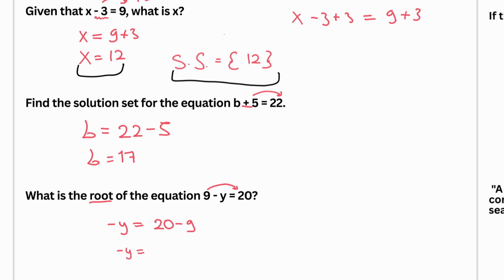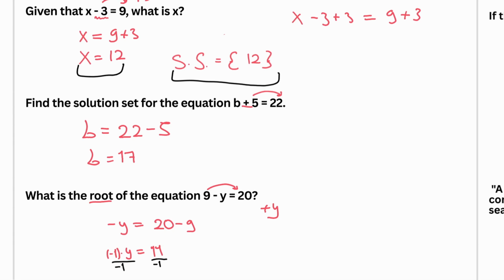-y equals 11. But we don't want negative y. We want positive y, right? So we have to somehow turn it into a positive y. But remember that this negative is a -1, right? It's a multiplication. So there's an invisible 1 there. And if you remember it from the previous videos, you can simplify it by dividing by that number.